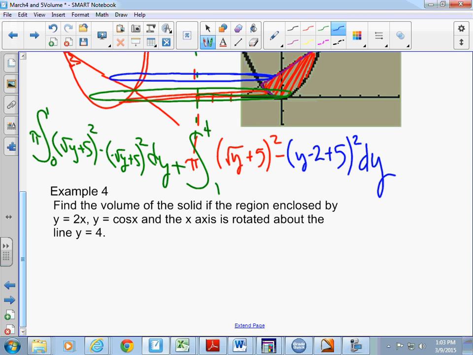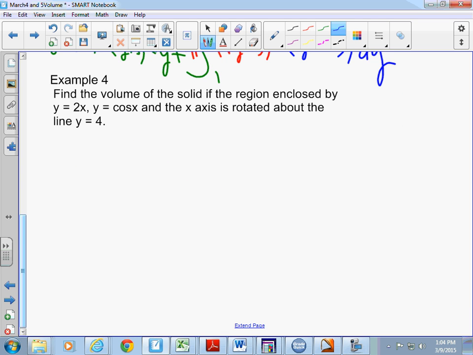Okay, let's look at the next one. Find the volume of the solid if the region enclosed by y equals 2x, y equals the cosine of x, and the x-axis is rotated about the line y equals 4. Any questions so far? So I showed you a split on the y-axis.